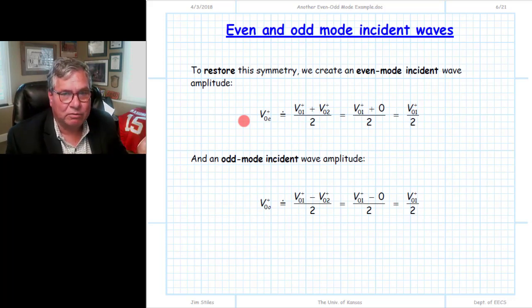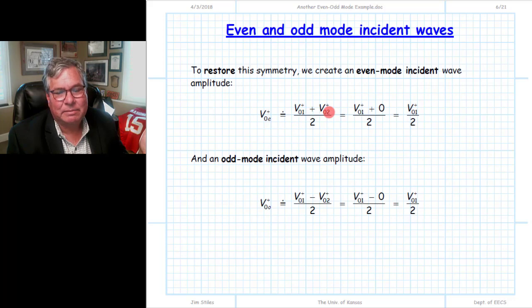And so we can go through and define a plus wave amplitude, I call V0 plus even, and also a plus wave amplitude we call V0 plus odd. The even complex wave amplitude is just what we did before.